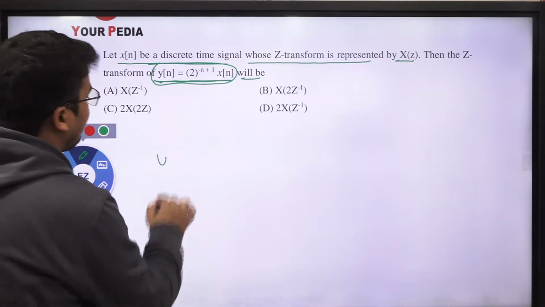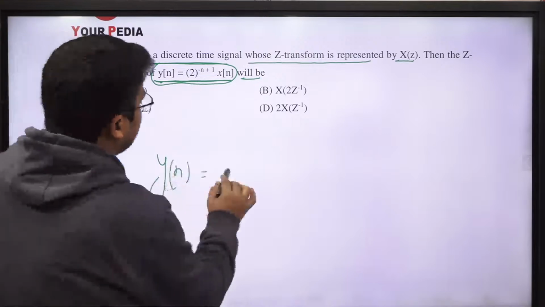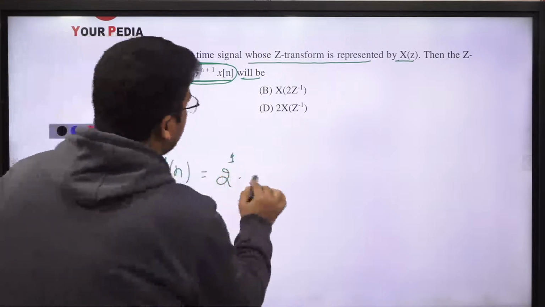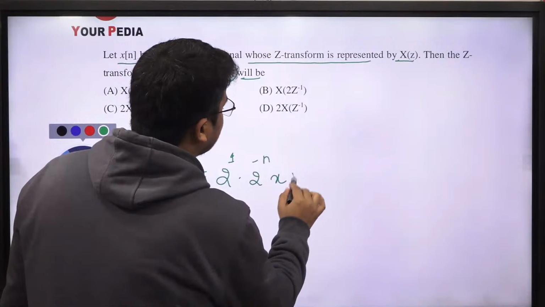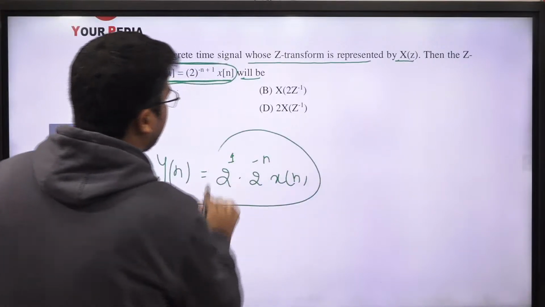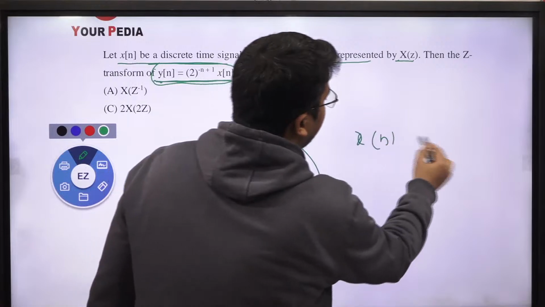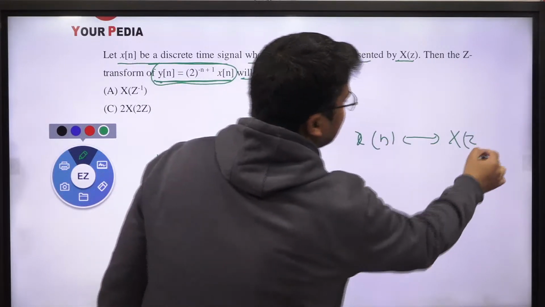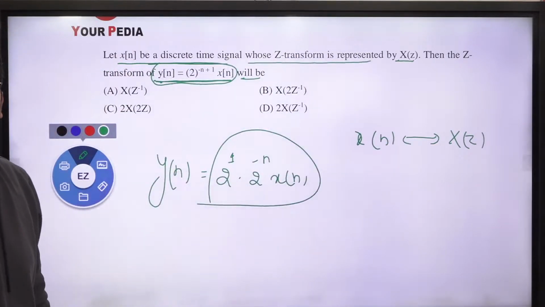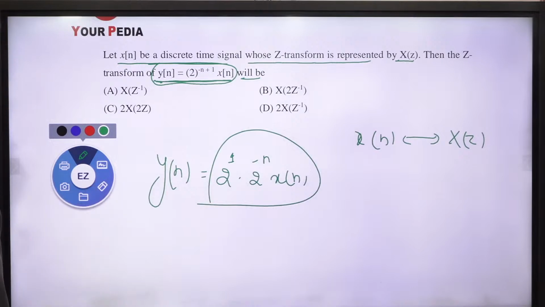So guys, this can be written as 2 raised to power minus n times x of n. This can be written, right? And it's given that x of n pairs with x of z, right? Fine. Now how to move ahead?